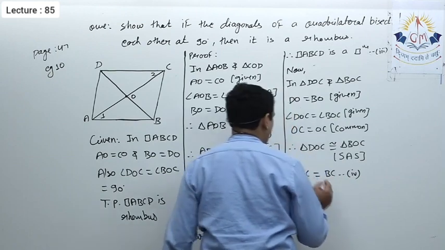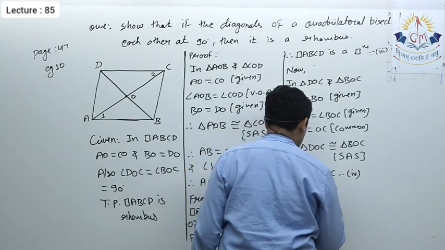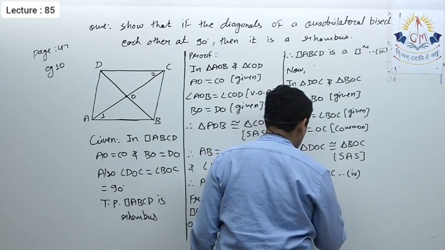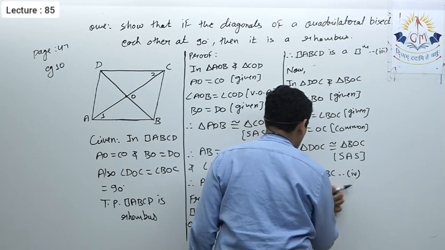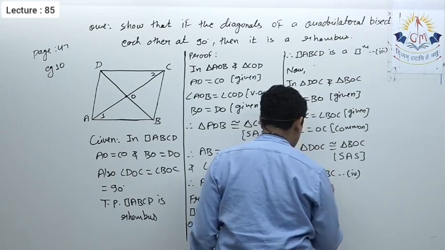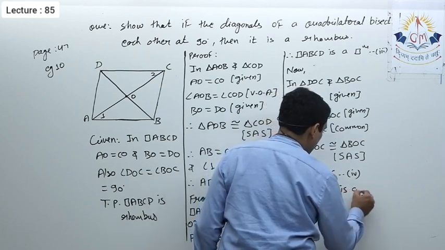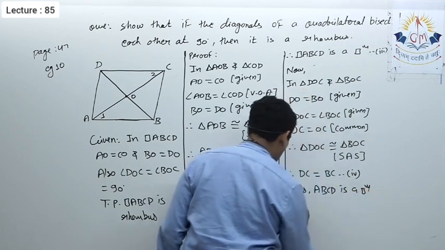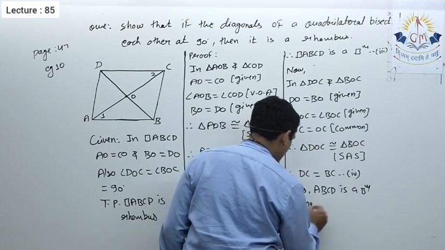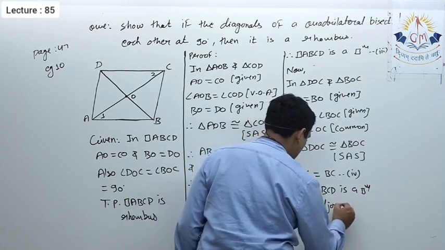In parallelogram ABCD, ABCD is a quadrilateral. Thus ABCD is a parallelogram having adjacent sides equal.